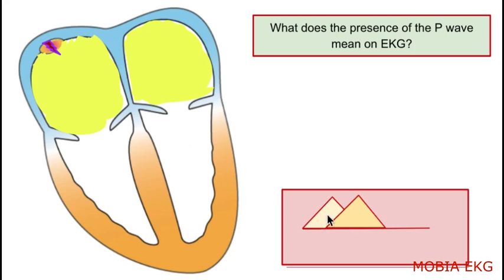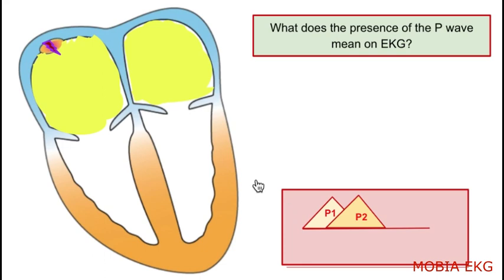depolarization. As a result, the P wave consists of two components. The first component, called P1, is related to depolarization of the right atrium, and the second component, called P2, is related to depolarization of the left atrium.